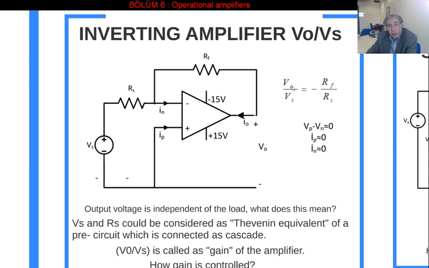How is the gain controlled? This mathematical relation tells us some more information as well. If your RF value, that is the feedback resistor, changes, your gain is going to change, isn't it? Consider that Rs is a constant and you are changing RF, so you are controlling your amplifier's amplifying coefficient. Why are we not changing the RS value but could change the RF?